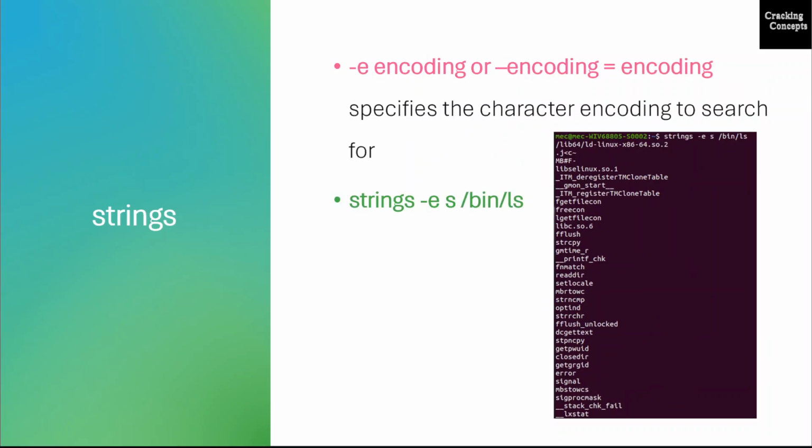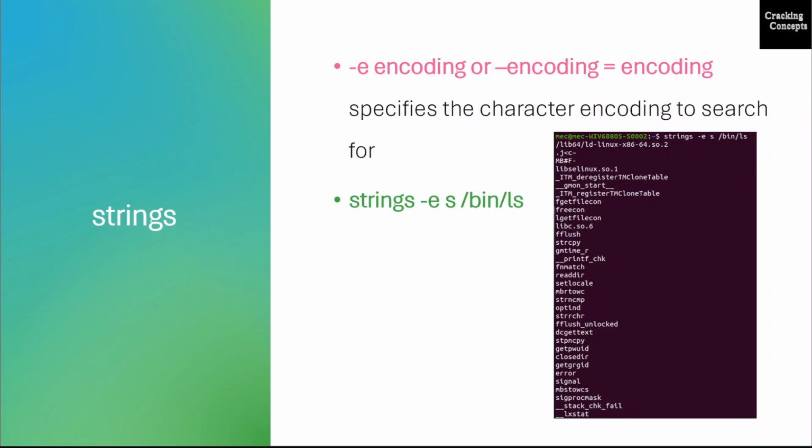Next option is -e encoding or --encoding equal to encoding, which will specify the character encoding to search for. Common values include lowercase s for 7-bit ASCII, capital S for 8-bit, B for 16-bit big endian, and L for 16-bit little endian.